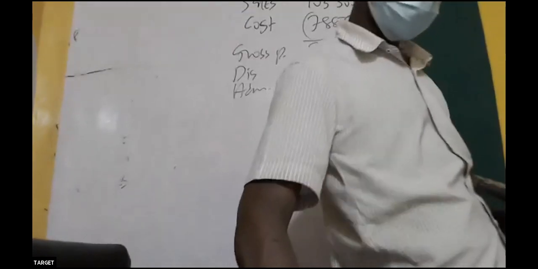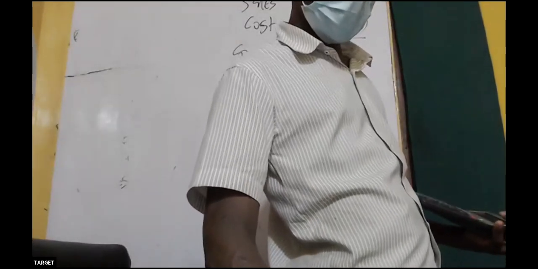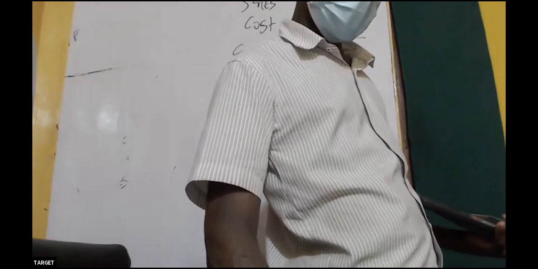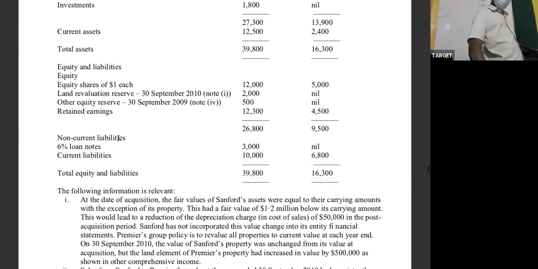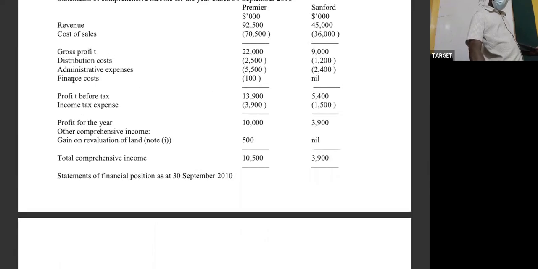When they move, you move. When they stop, you stop. So check how they calculated the finance cost and then the profit before tax. So let's go to their financial statement. They added the finance cost to the expense. You do the same thing, like the way we did.